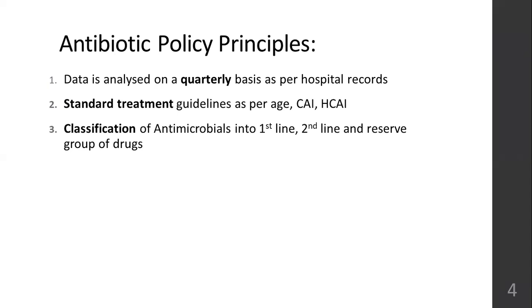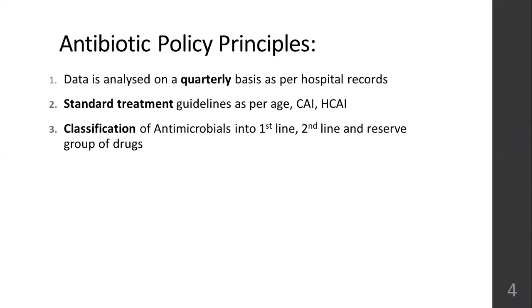Classification of antimicrobials into first line, second line, and reserve group of drugs. So why do you have to classify the antibiotics? So that you don't abuse the antibiotics. The first line of antibiotics that we use should tackle narrow spectrum bacteria.